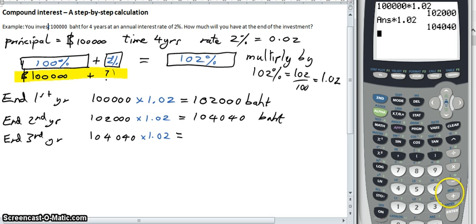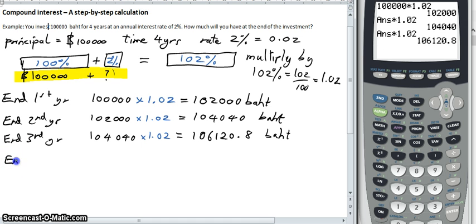So on my calculator, I'm going to multiply the answer by 1.02. That'll give me an answer of 106,120.8 baht. Now I'm going to leave that 0.8 in. It is value, it is money. So let's just leave that in there.